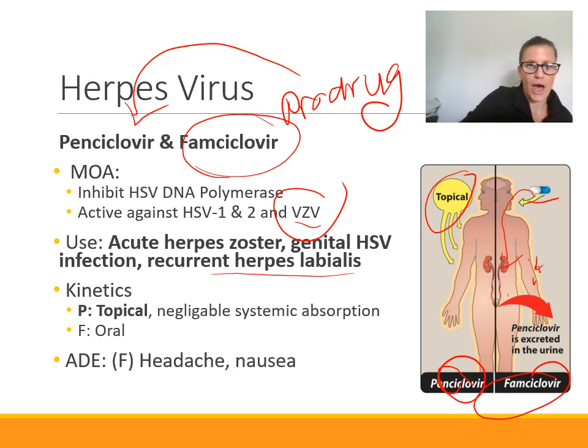Kinetics, the Penciclovir, because it's applied topically, it has very negligible systemic absorption, and so there's not a large kinetic profile there. And also because of that, it's not associated with vast adverse drug effects. It's really, really well tolerated. The Famciclovir, which is the oral medication, is associated with headache and nausea, but otherwise relatively well tolerated.